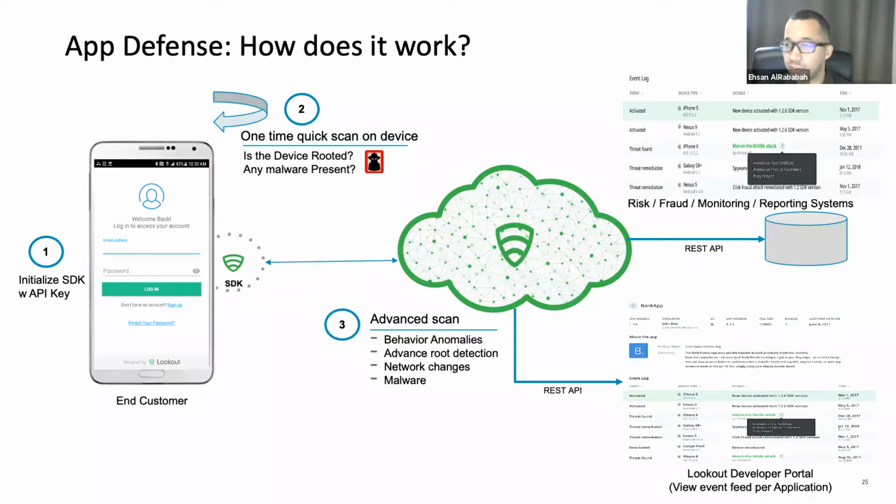We also have a very advanced scan, and that advanced scan leverages the Lookout Security Cloud, where the SDK will send public metadata, public telemetry information. This is non-PII data, so there is no personal information and no financial data.